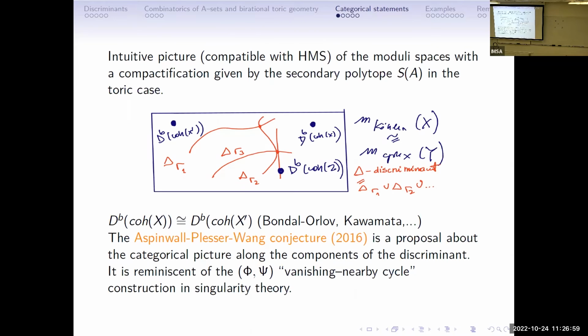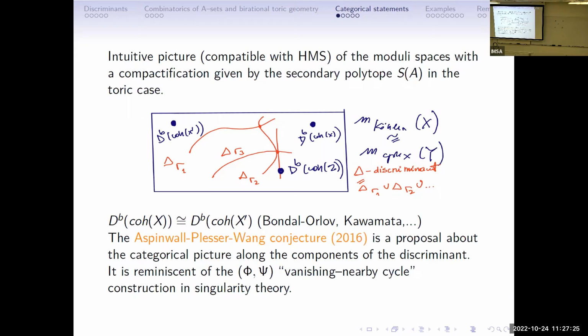Okay, so I need to say, as I said, that these equivalences are Fourier-Mukai functors, according to the story by Bondal-Orlov and Kawamata, and many other people. So the question is, what's going on along the discriminant loci?